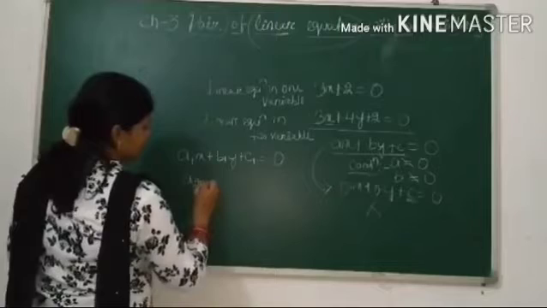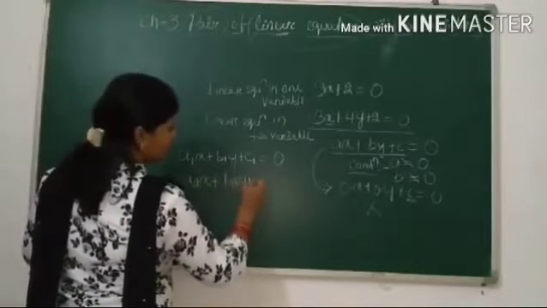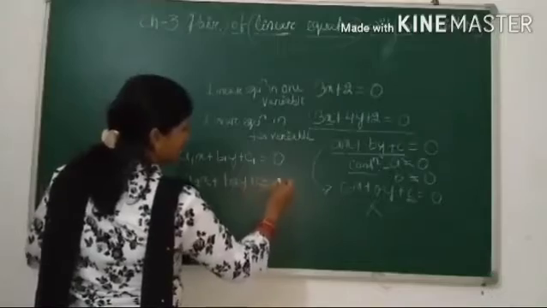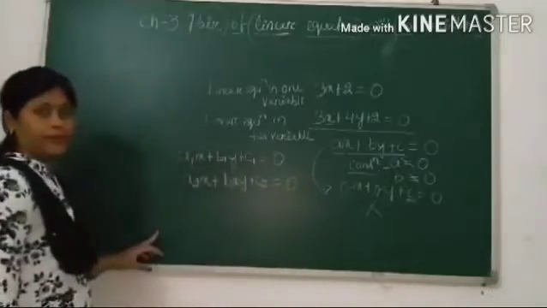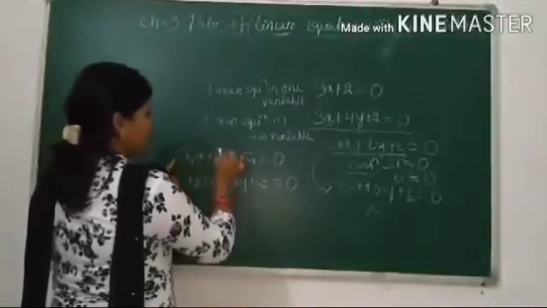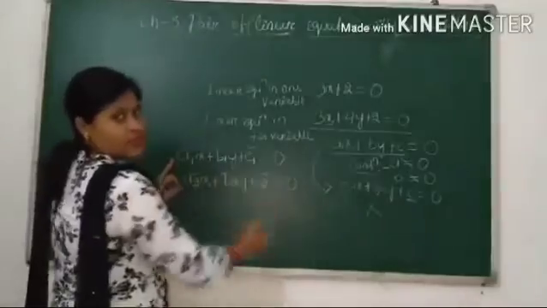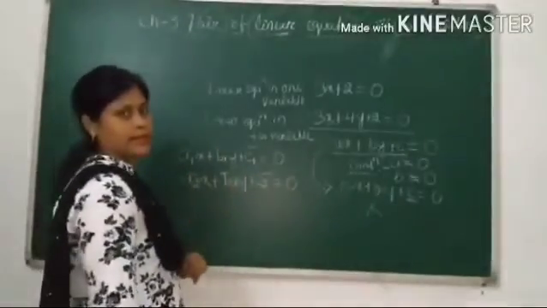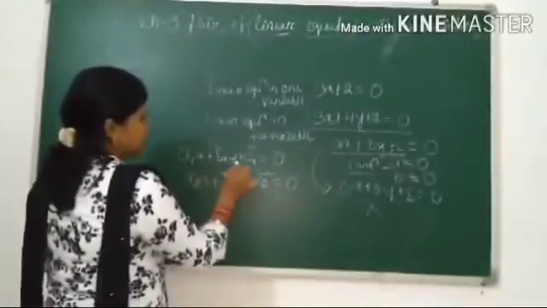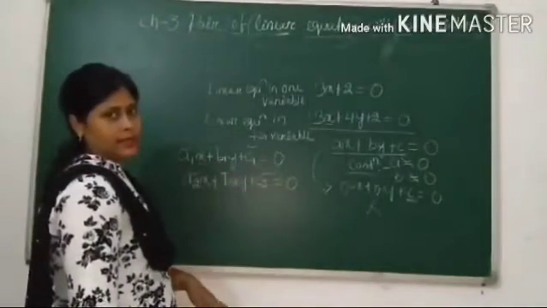Then the other equation is a2x plus b2y plus c2 is equal to 0, where a1, b1, c1, a2, b2, c2 are real numbers and x and y are variables.